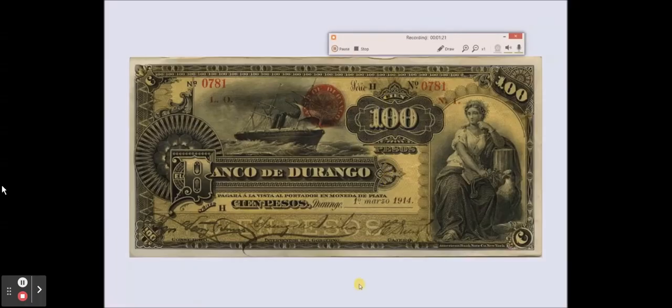Okay, so here's another example of what I mean. This banknote, I'm about 95% sure, is from Mexico, and well, look who's printing it. You have the American Banknote Company in New York printing the currency for Mexico.